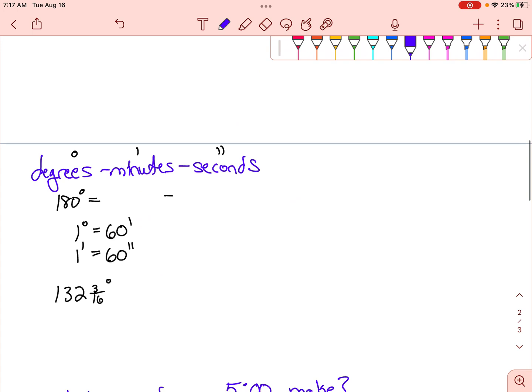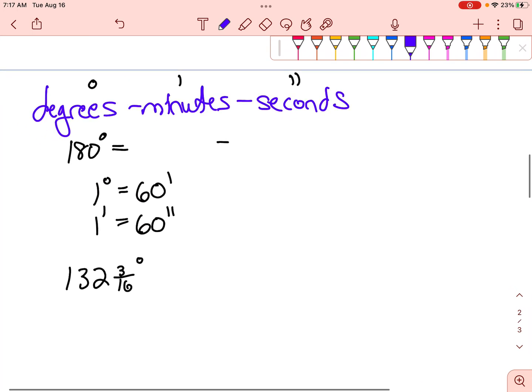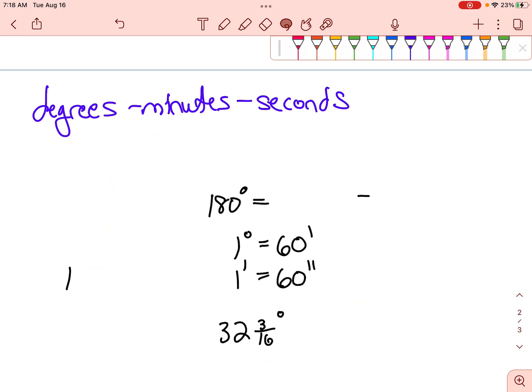And then our last goal for section 1.2 is to talk about degrees, minutes, and seconds. I'll erase those. Degrees uses this symbol, what you are used to, that little bubble. For example, 70 degrees, okay?